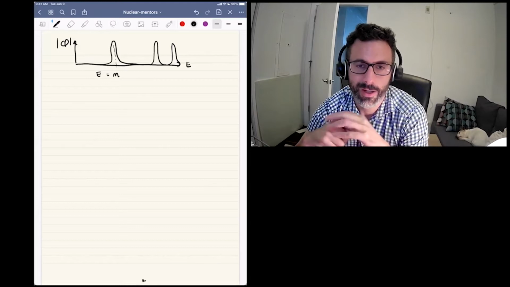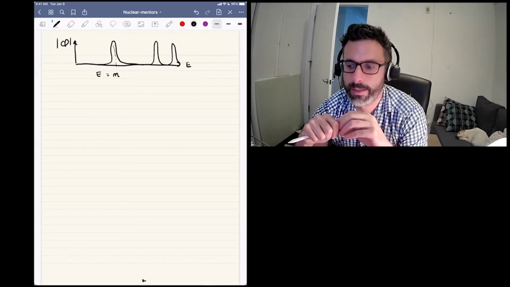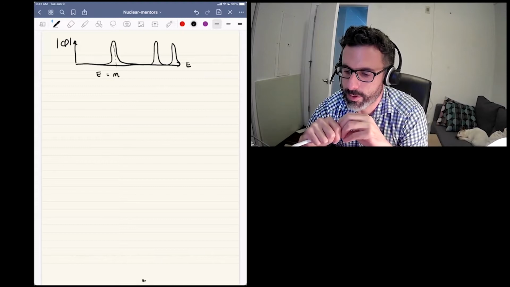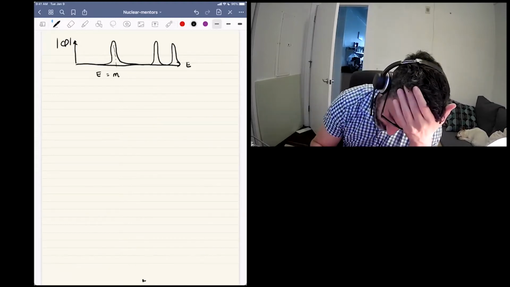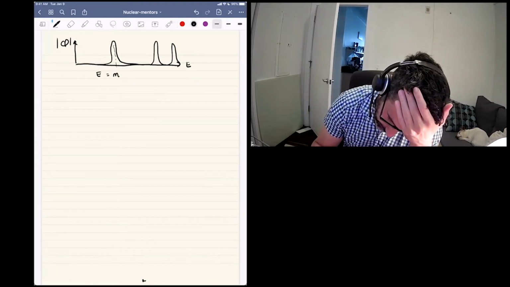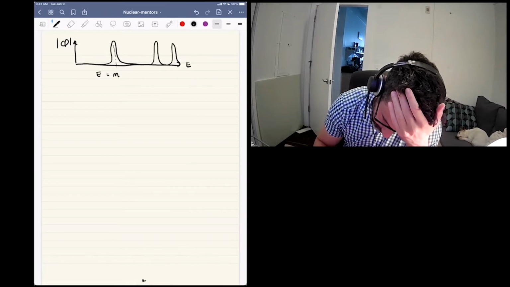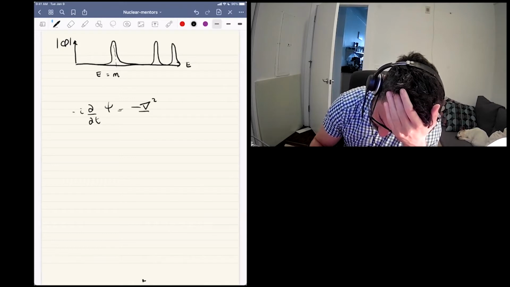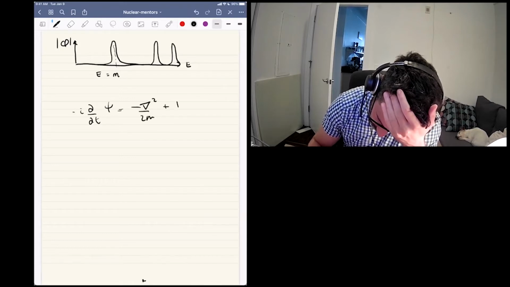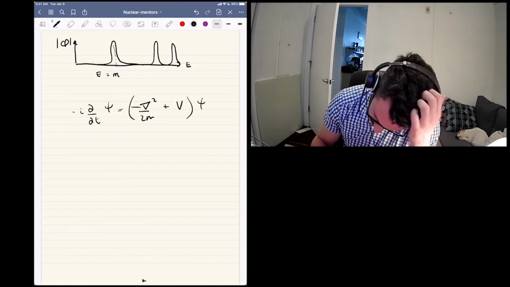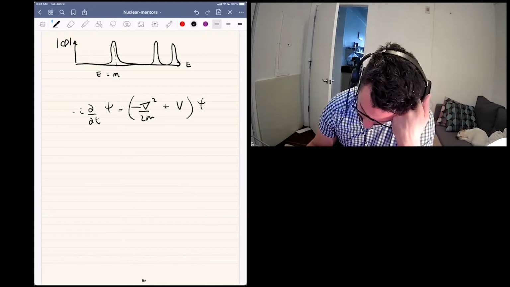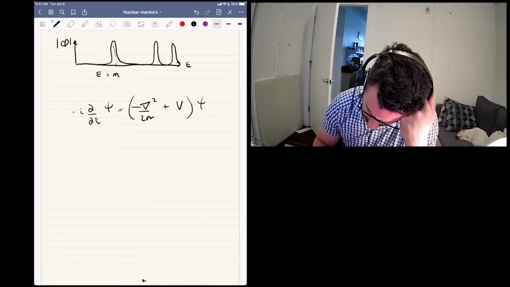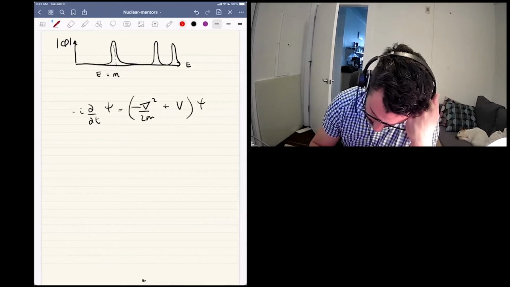And also, naturally, the Schrodinger equation looks something like this. You have i d_t psi is equal to... so if I remove h bars from the expression, this is essentially the Hamiltonian.